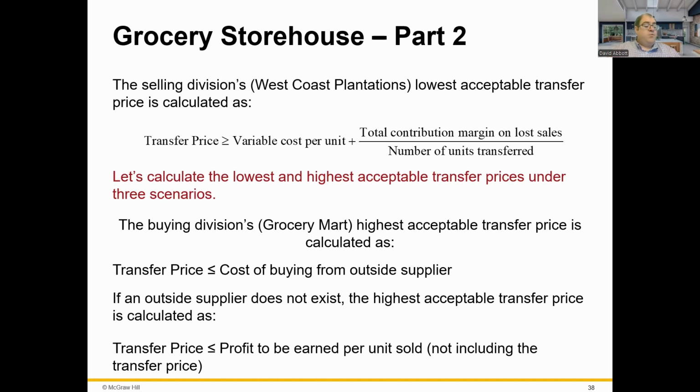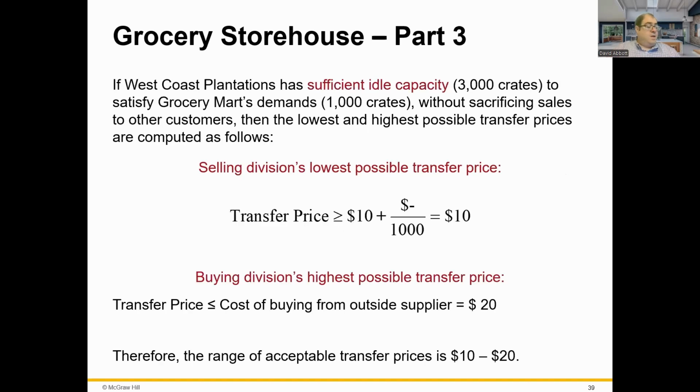The lowest acceptable transfer price would be 10, and the highest acceptable transfer price determined by the buyer would be 20. So 10 for the seller, 20 for the buyer. Therefore, the range of acceptable prices would be between $10 and $20.